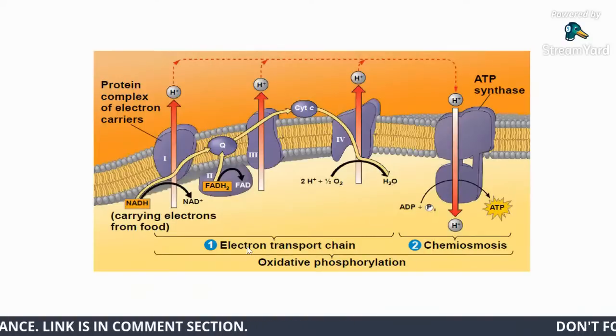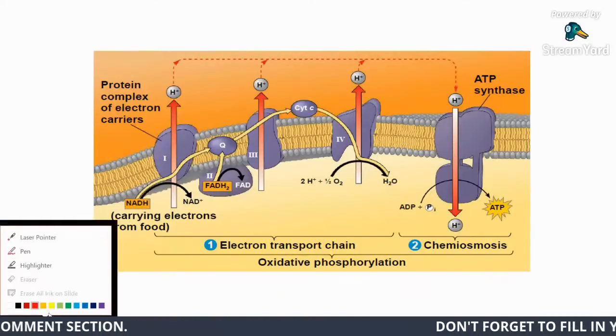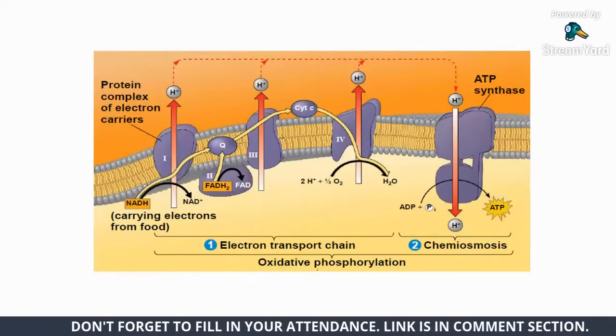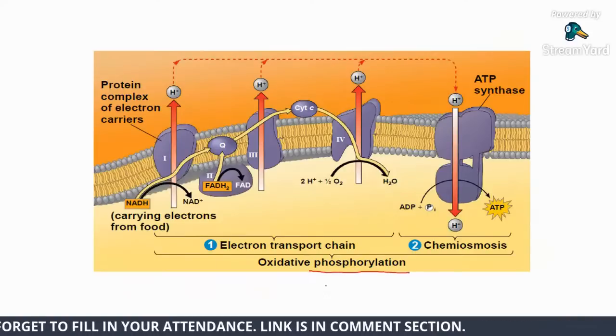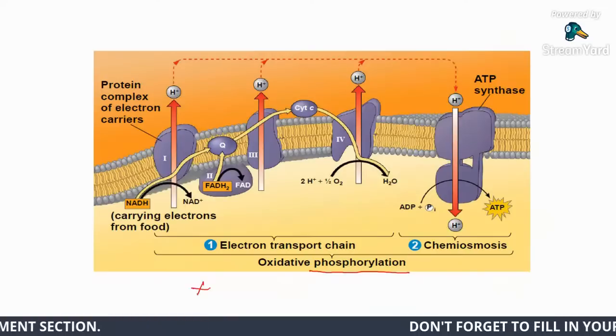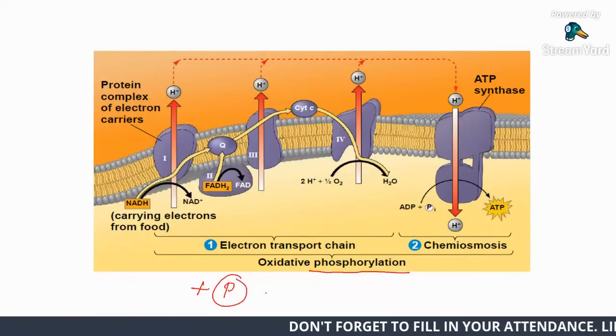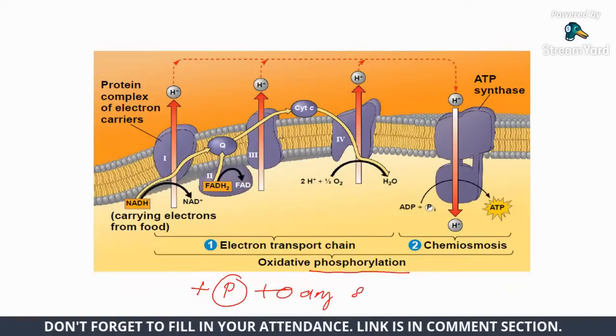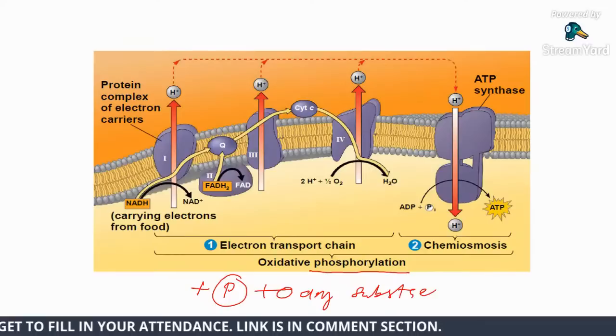Okay, so oxidative phosphorylation is basically one of the ways to produce ATP. So first of all, you need to understand what phosphorylation is. Phosphorylation is the adding of a phosphate group to any substance.